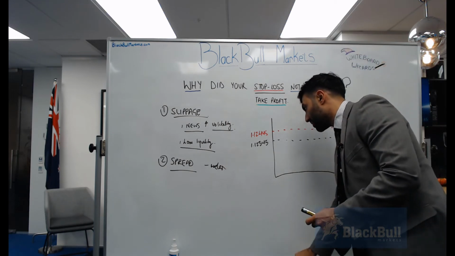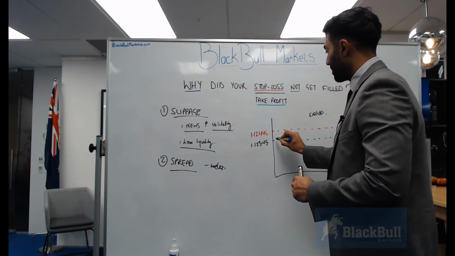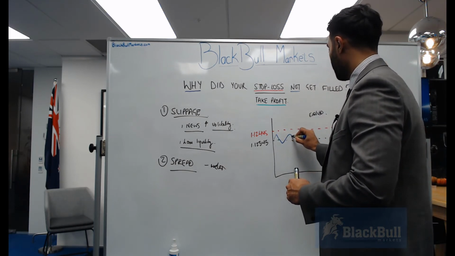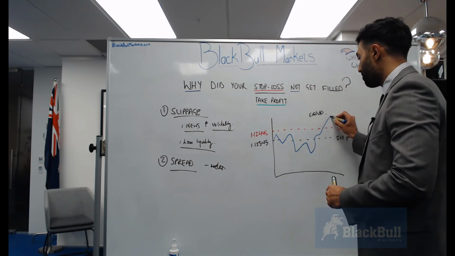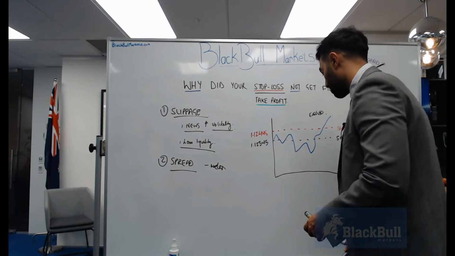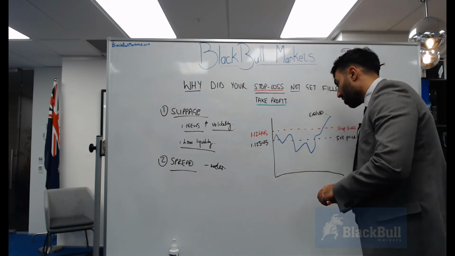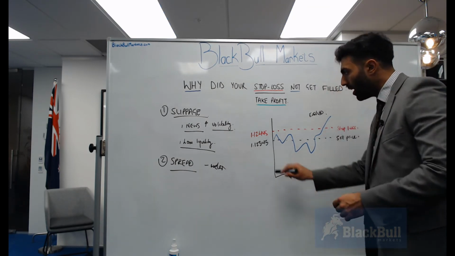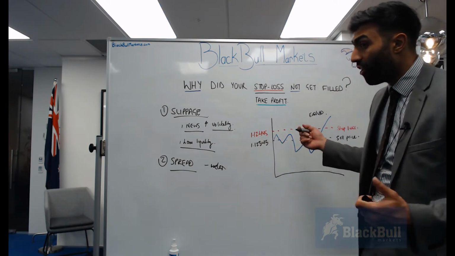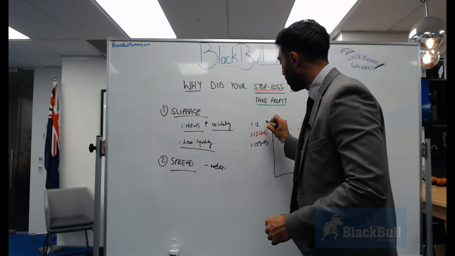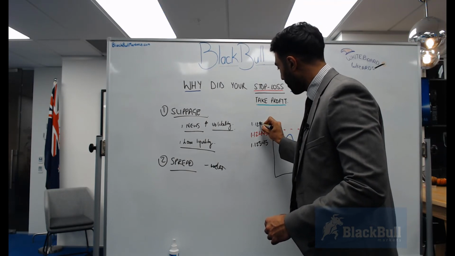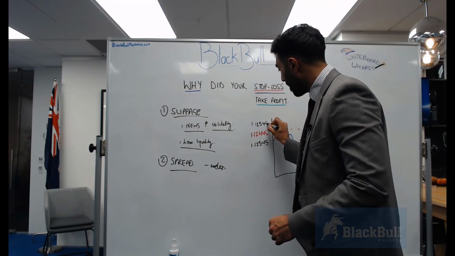Now, what you're seeing is the market move below your stop loss, so you're still in the trade, you're in the money, and then boom, you get closed out. The price you get closed out at is actually not 1.12445, but the actual price you get closed at is 1.12545.